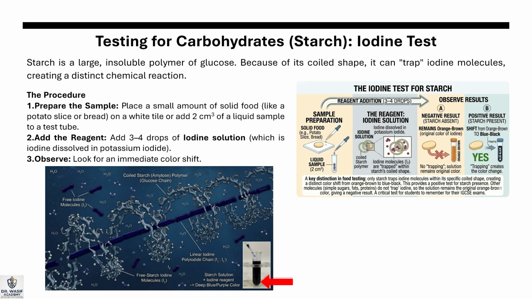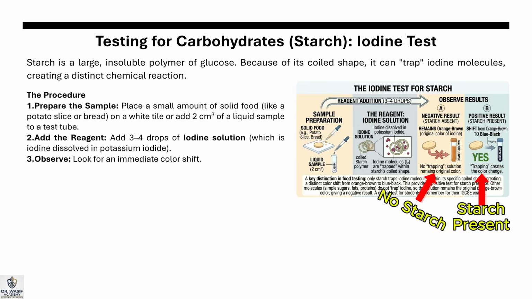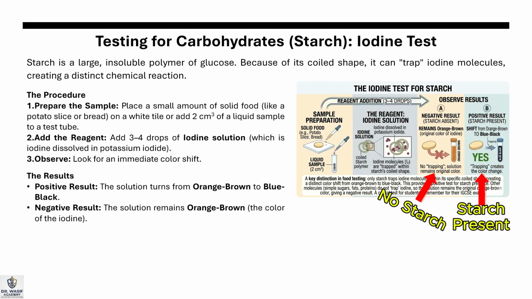So if the sample stays orange-brown, it means there is no starch. Here you can see that a positive result will be considered if the solution turns from orange-brown to blue-black, and a negative result will be considered if the solution remains orange-brown. Why remain orange-brown? Because orange-brown is the natural color.